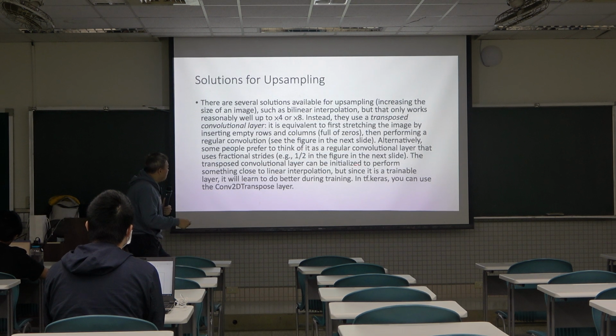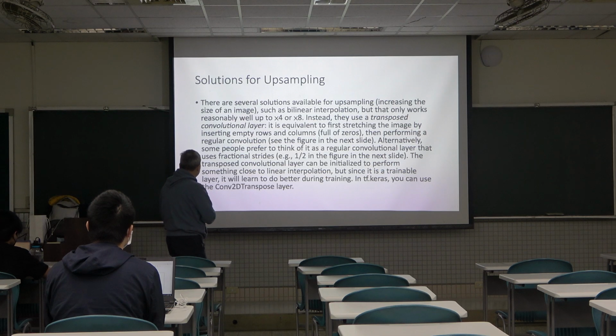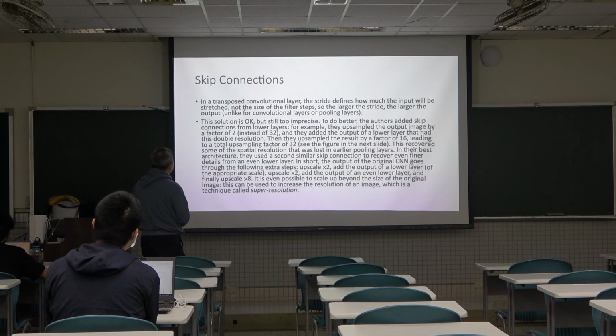Not only that, in TF Keras, you can use Conv2DTranspose to create the transpose convolutional layer, if you want. And not only that, they also use skip connections when they enlarge the figure.